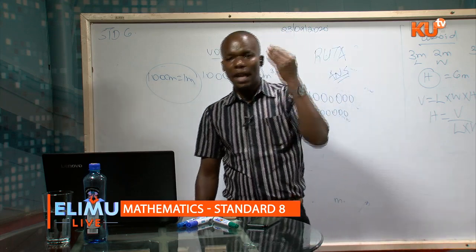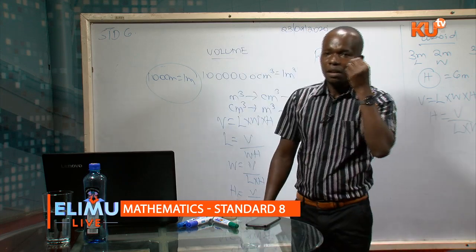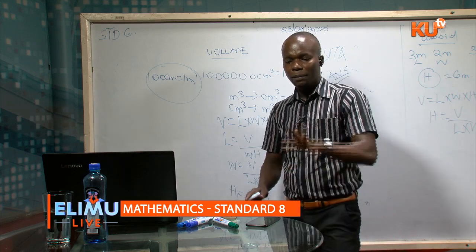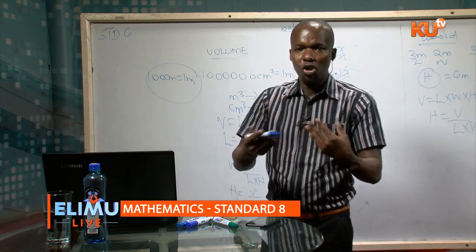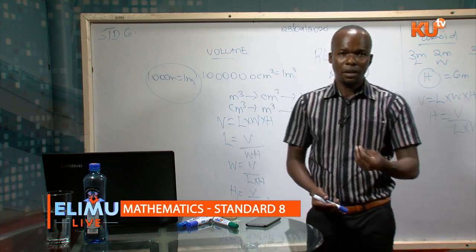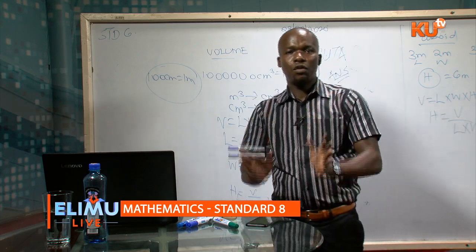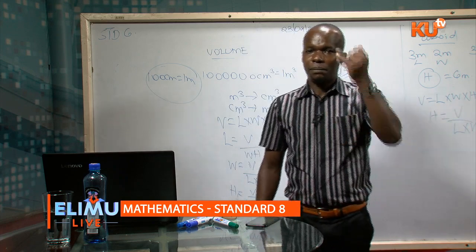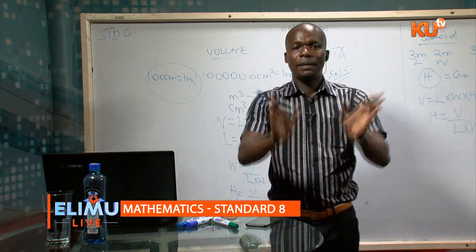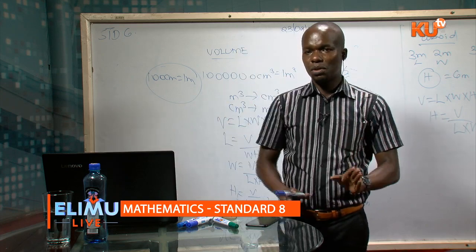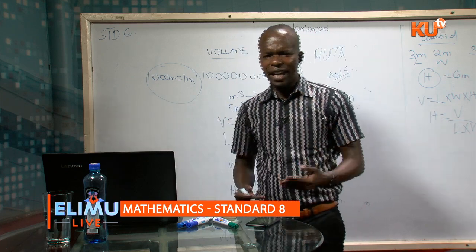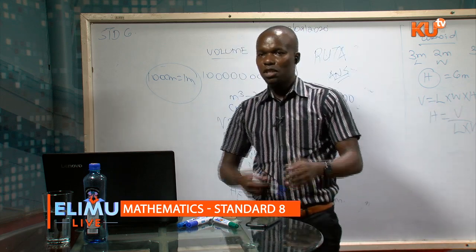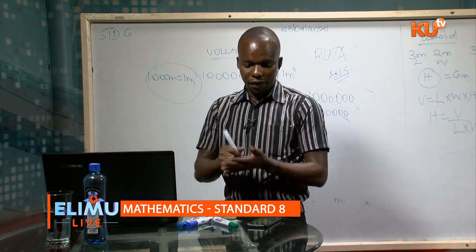You have volume, length, width, volume, width, height, volume, length, width, all of them. I will appreciate if you can do more on your own. I only gave you a third. So the rest, look for books. Go for Spotlight, Targeter, Primary Maths, and any other book that might have such work out. You can keep referring to the text and answers as you keep staying at home. Thank you so much.